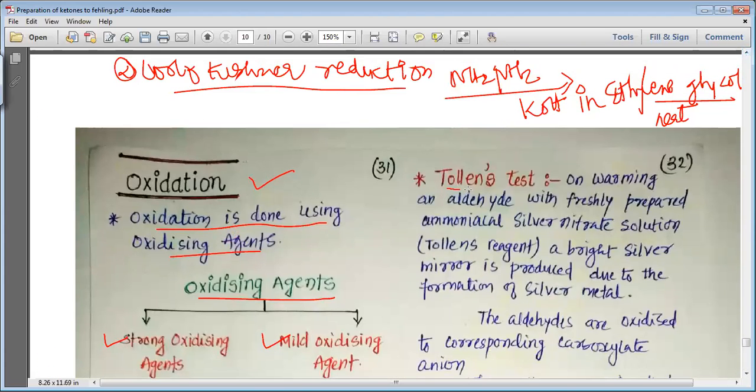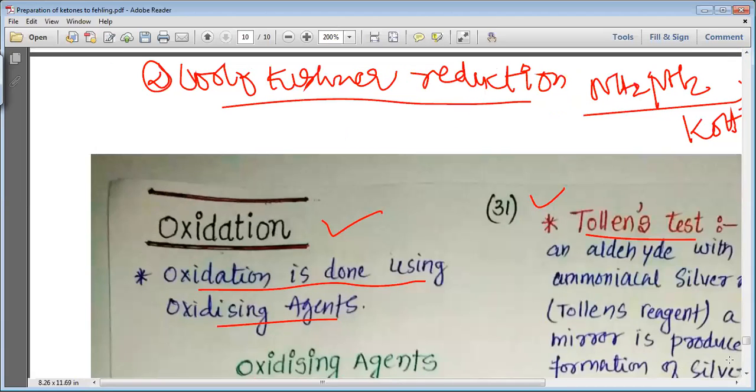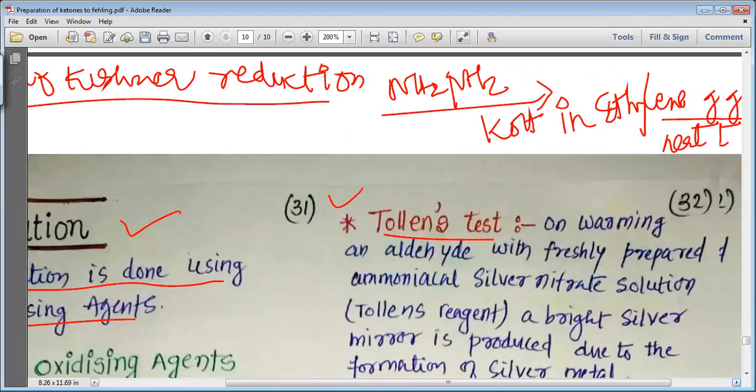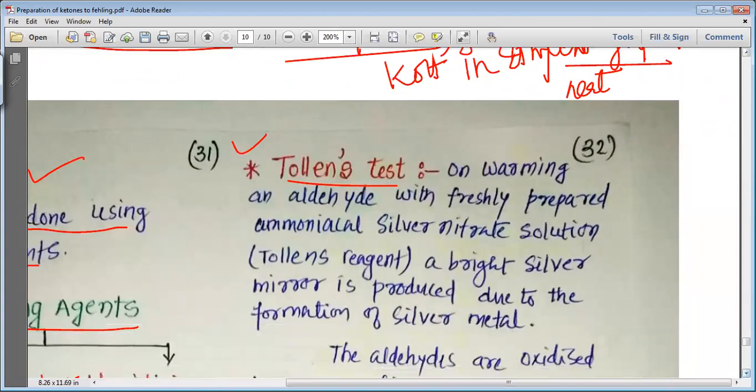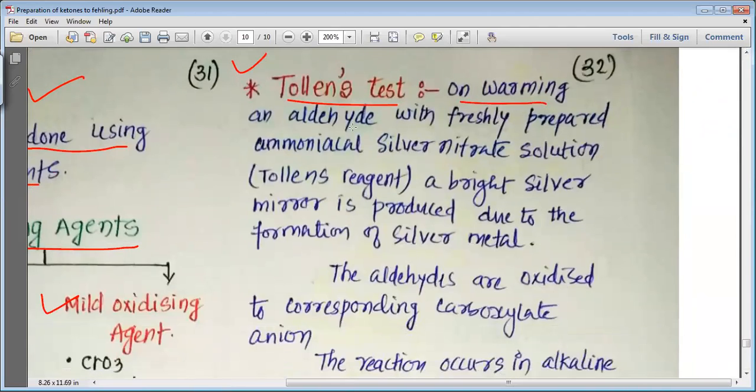Now first, let us look at the Tollens test. We have seen that Tollens reagent is a mild oxidizing agent, and we are going to study the Tollens test for aldehydes. Let us pay attention. The Tollens test on warming is specially used for aldehydes with freshly prepared ammoniacal silver nitrate.